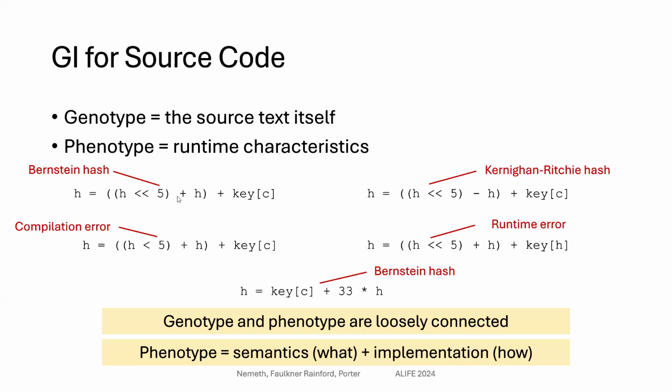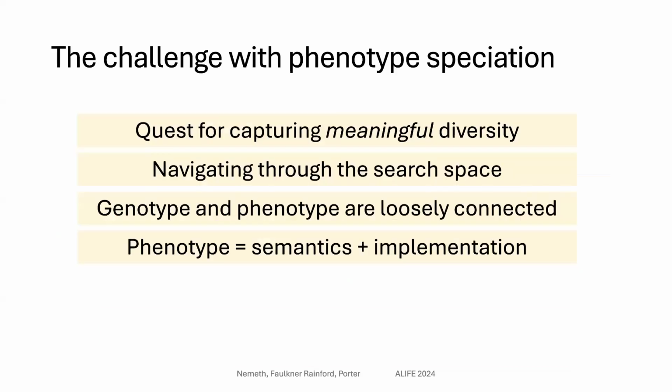For instance, in this case, the non-functional phenotypes may be similar, but the functional phenotype is different. In this case, the functional phenotype is exactly the same, yet the non-functional phenotypes may be different. So its phenotype is always a dual metric. So this is what we have so far, and how can we rephrase this challenge?